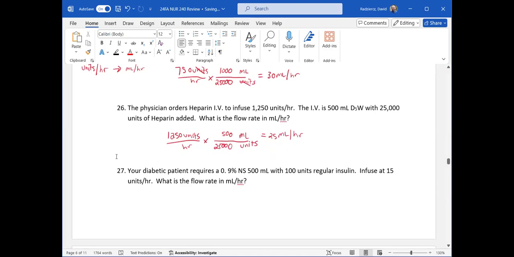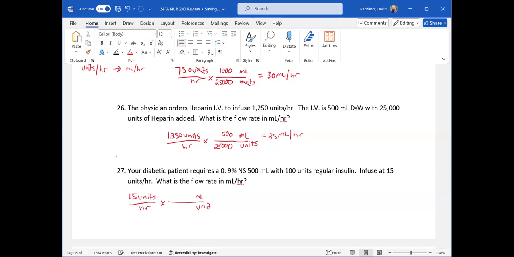And then finally for 27, instead of heparin now, it's insulin. Insulin just happens to be in smaller units as far as units are concerned, but I'm going to handle it the same way. 15 units per hour. I don't want units per hour. I want milliliters per hour.